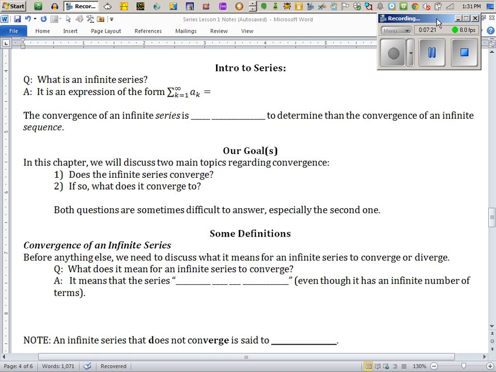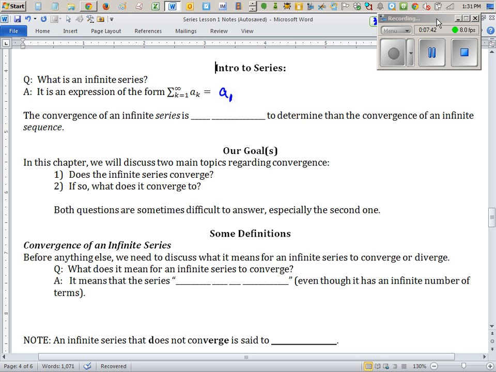Maybe you don't know what the difference between a sequence and a series is, but a sequence is basically a list of numbers with commas in between, and a series is a list of numbers with plus signs in between. There's a big difference there. So let's take a look at some cases. What is an infinite series? It is anything that looks like this.